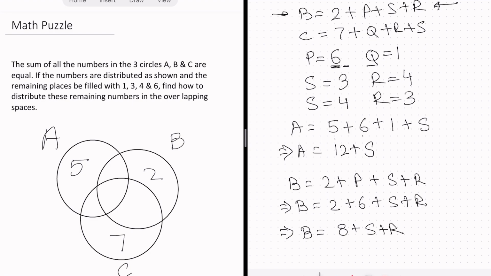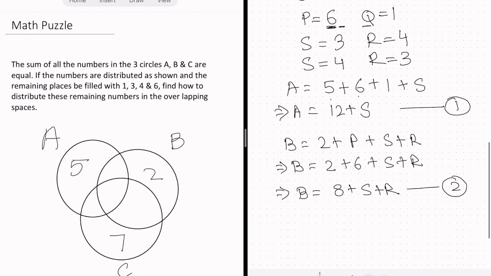Now I have been given that the sum of the numbers in A, let's number this 1, is the same as the sum of all the numbers in B, let's number this 2. So I know 1 and 2 are equal.